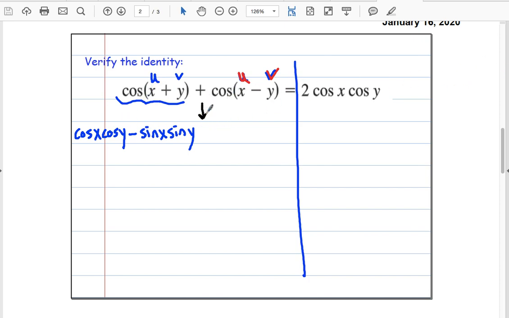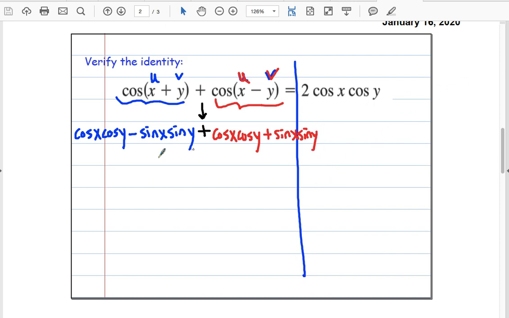And then we have this plus sign, which is going to carry down. And then I'm going to follow the formula for cosine of u minus v. So that says to do cosine x cosine y plus sine x sine y.